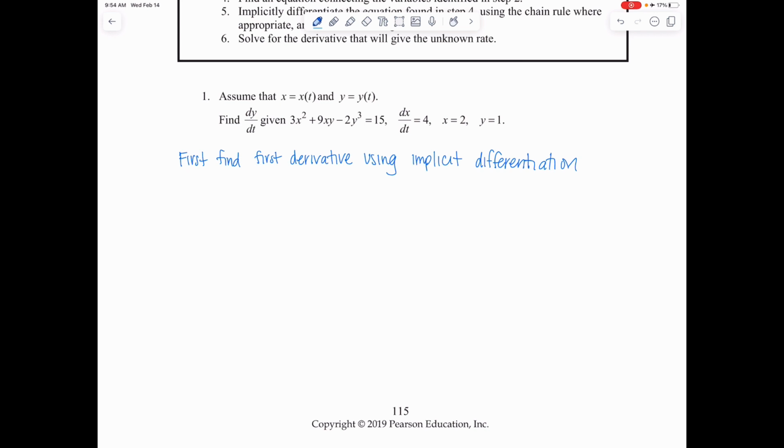So we were given 3x squared plus 9xy minus 2y cubed equals 15. If we take the derivative, then 3x squared is 6x, and then the derivative of x, dx/dt, using our chain rule, plus 9xy.